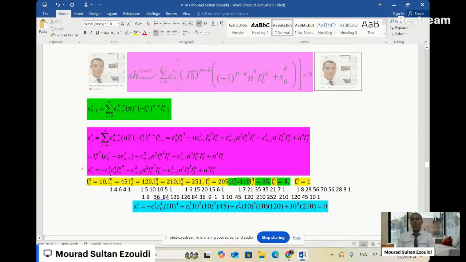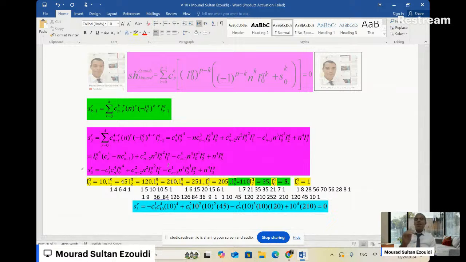S3 is equal to negative 3 choose 1 times combination n choose 4, and n is 10, times L0 of order q raised to the power 4, plus combination n minus 2 choose 2, n squared times L0 of order q squared times L2, minus combination n minus 3 choose 1, n cubed times L0 of order q times L2, plus n raised to the power 4 times L4. After finding all the coefficients of this new degree 10 equation, you will figure out the 10 complex roots.